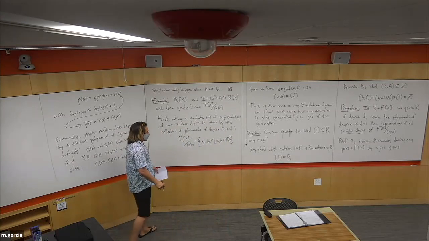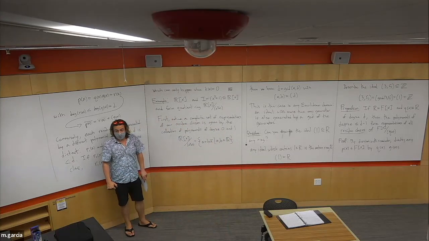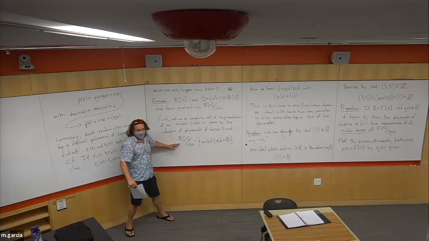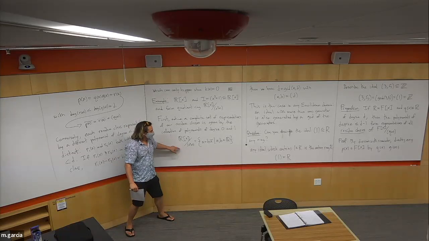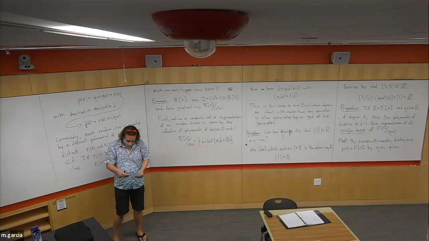Here x bar is the residue class of the polynomial x when we mod by this ideal. If the elements of this ring are residue classes, then the variable in this polynomial has to be a residue class as well.